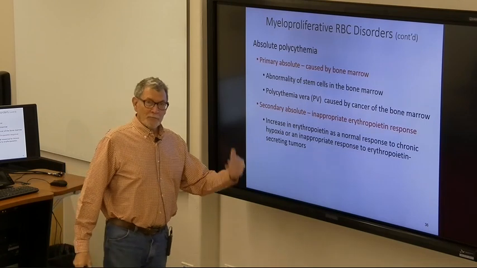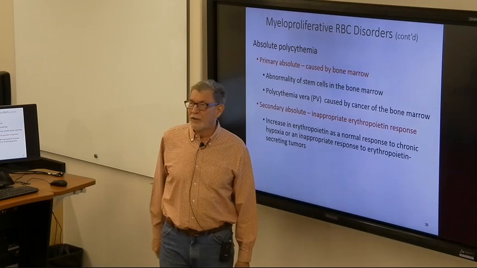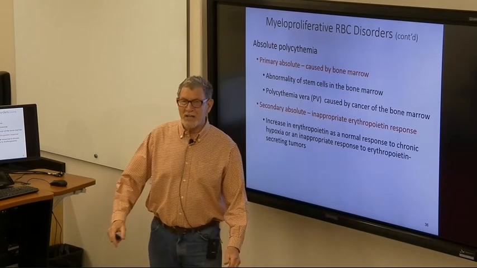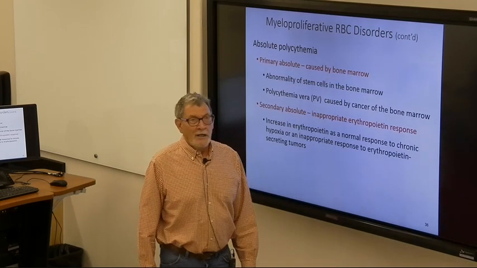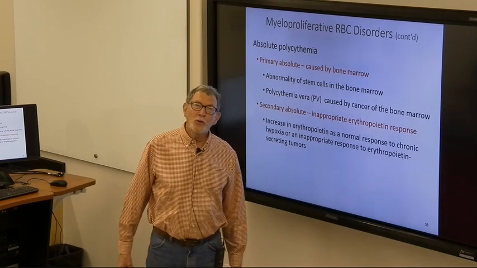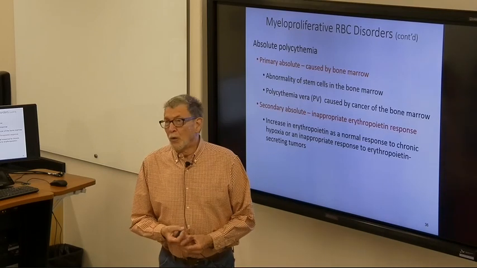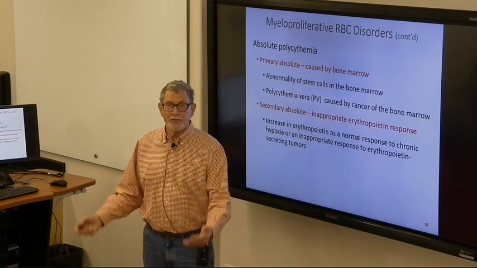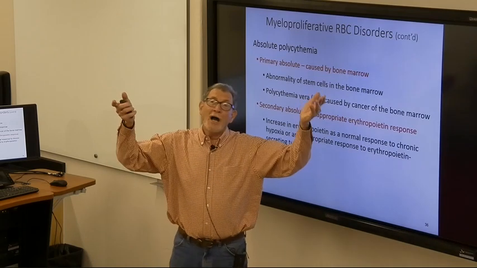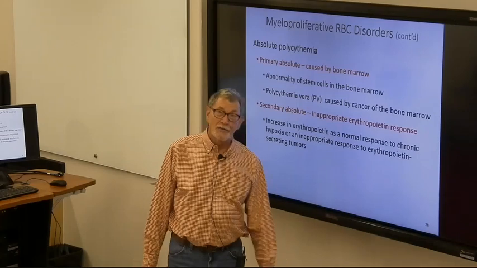Buddy of mine played on the 60 and over, I guess it was, world champion rugby team a couple of times. And they always like to play their tournament in Aspen, Colorado. Well, that's really cool, except here's a bunch of 60-year-old guys going up to high altitude, and a lot of them live in Florida and places like that.